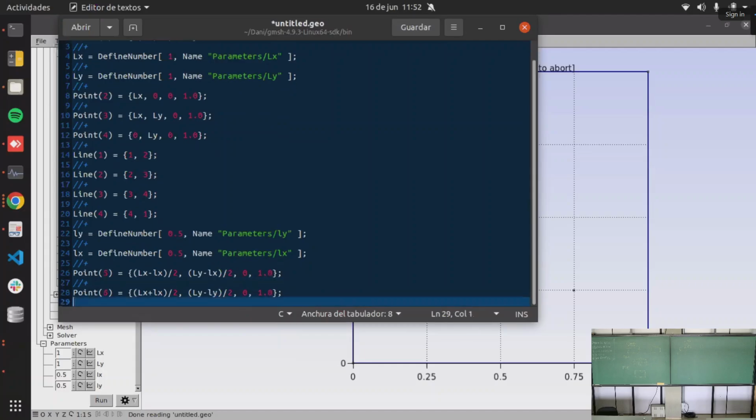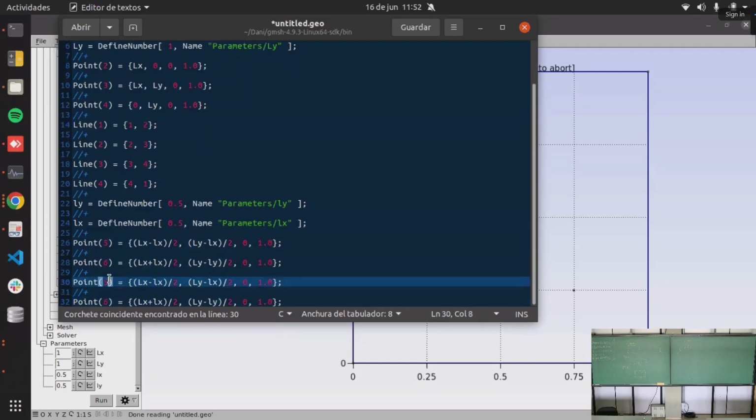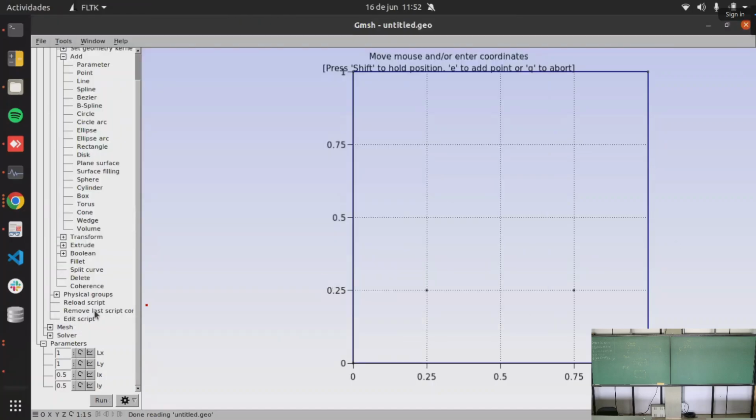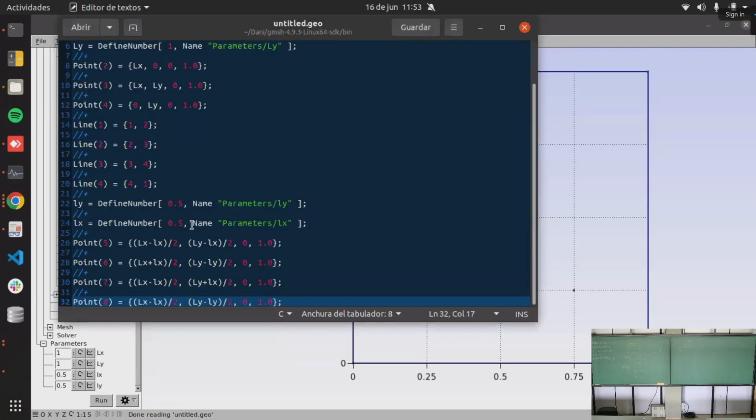I only have to change the number of the points and where I add in the points. So reload the script. I lost a point. Here I have an error.